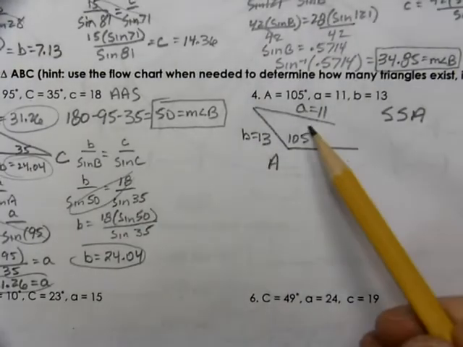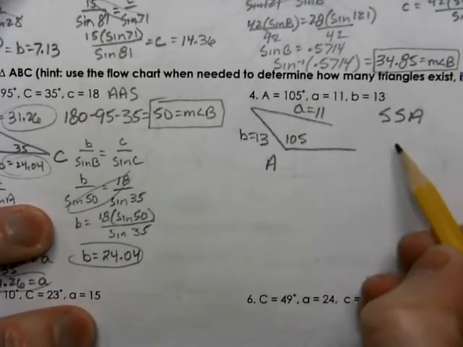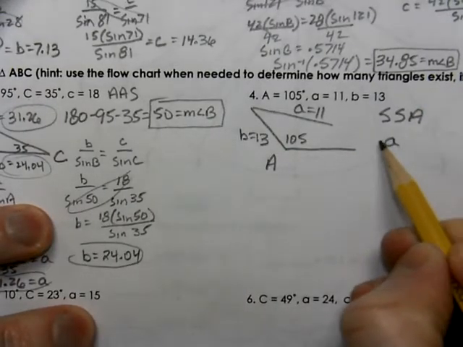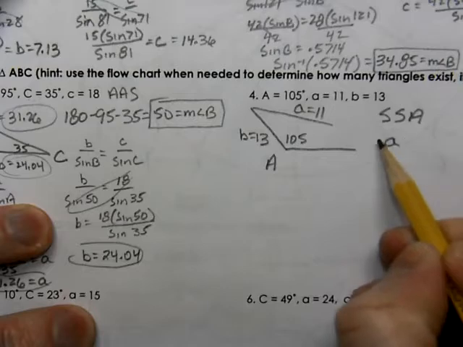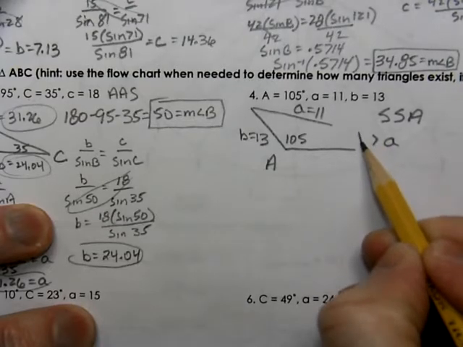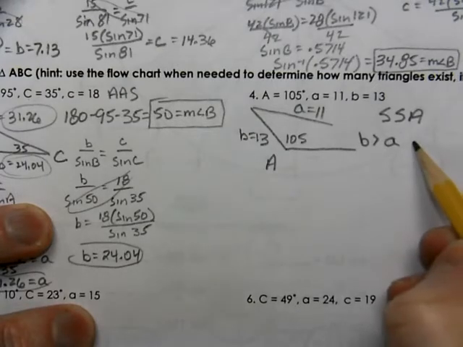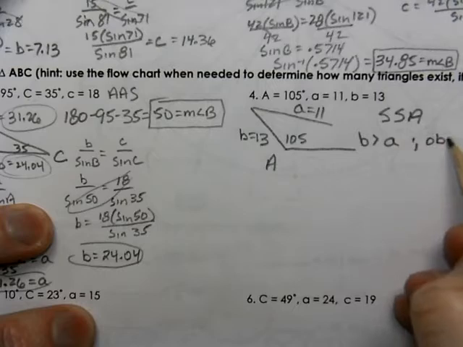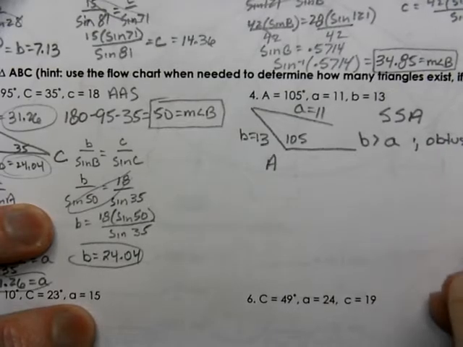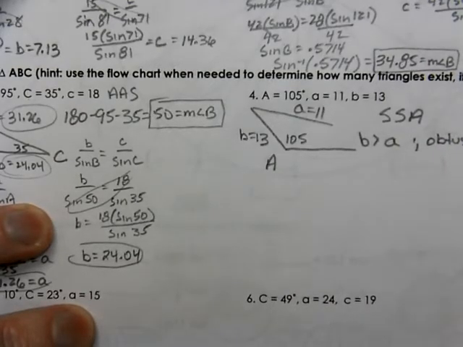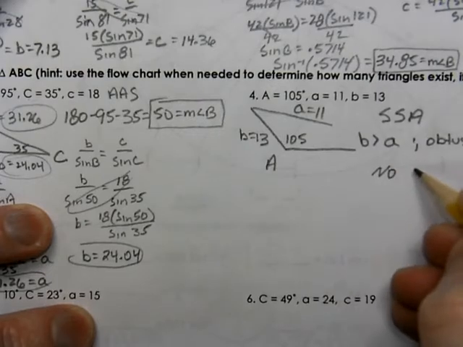Well, we look at this and we see that A is less than side B. Okay? We have an obtuse angle, so we have no triangle.